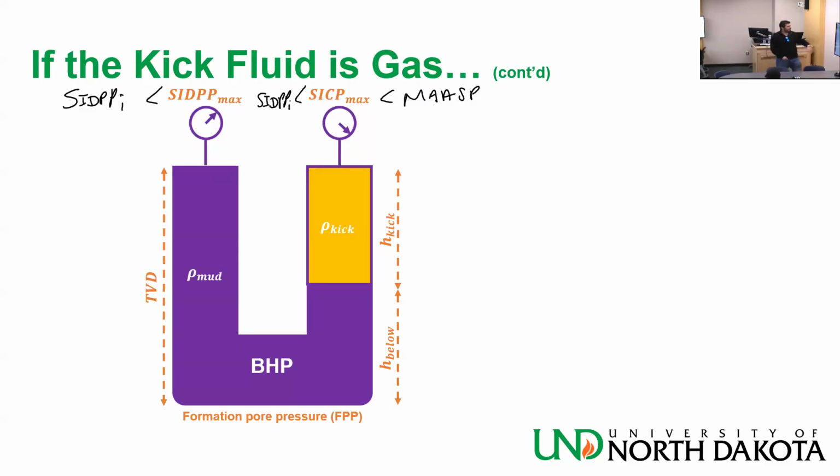Okay, SIDPP initial is what you are missing, the mud weight that you are missing for preventing a kick, basically. Now, hypothetically, these are going to be equal throughout the circulation. But in the real world, it won't be. So you need to make sure it stays like that.